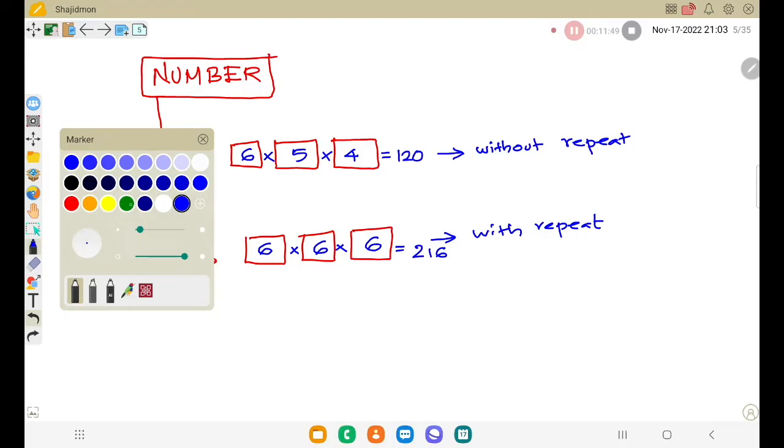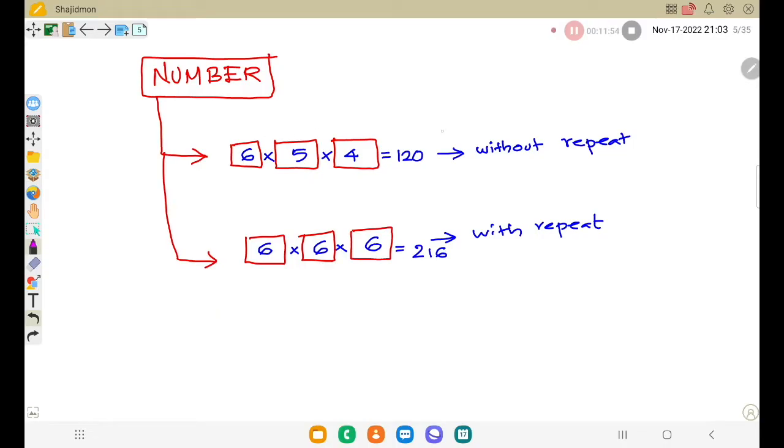Now what was the rule I told in both cases? Without repetition, by using a calculator we can easily calculate this number. Permutation of total n objects taking r at a time, P(n, r). Here n means 6 letters, r means we are taking 3 letters at a time.